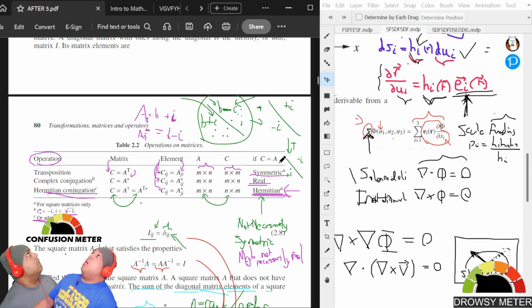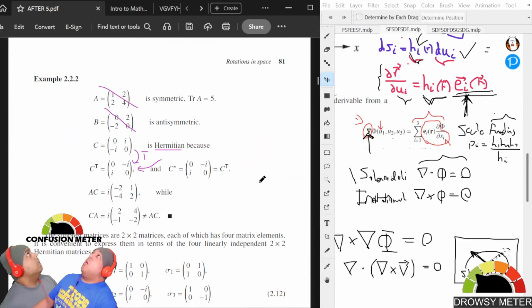If C equals A is Hermitian, C equals A transpose conjugate. Transpose conjugate. Okay. So they don't even need to be together to prove that they're Hermitian. You can do them separately, and if they're equal, it's Hermitian.